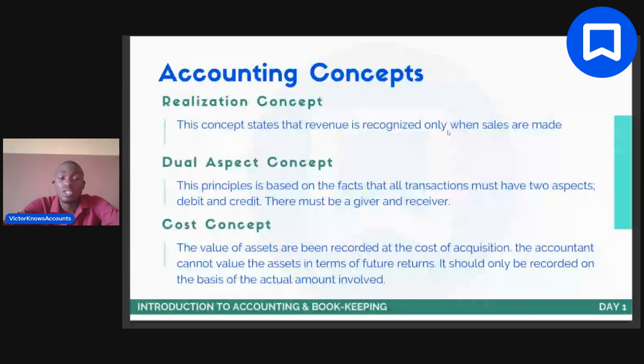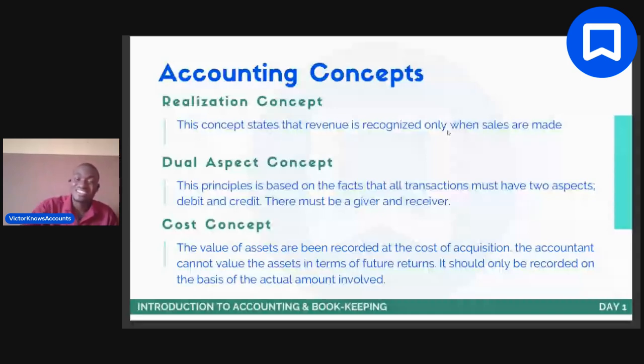Do we understand that? Maybe I should give a little explanation again. It basically means that when you went to buy your phone, say you paid 250,000 or say 350,000, and you want to show your phone as an asset in your books, you have to show it at what? At the amount that you bought the phone.